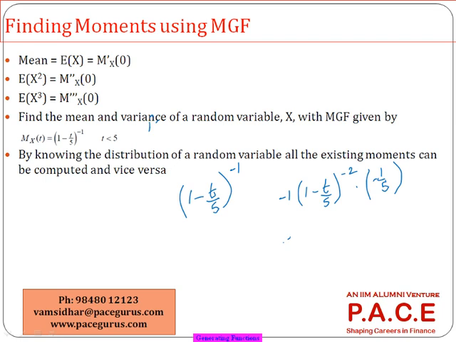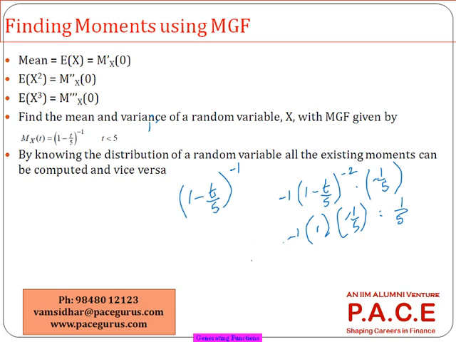Substituting t equal to 0 is nothing but minus 1 into 1 minus 0 by 5, 1 minus 0, 1 to the power minus 2, which is again 1, into minus 1 by 5. So overall it is giving me 1 by 5 is the mean. So simplified, the mean is 1 by 5.